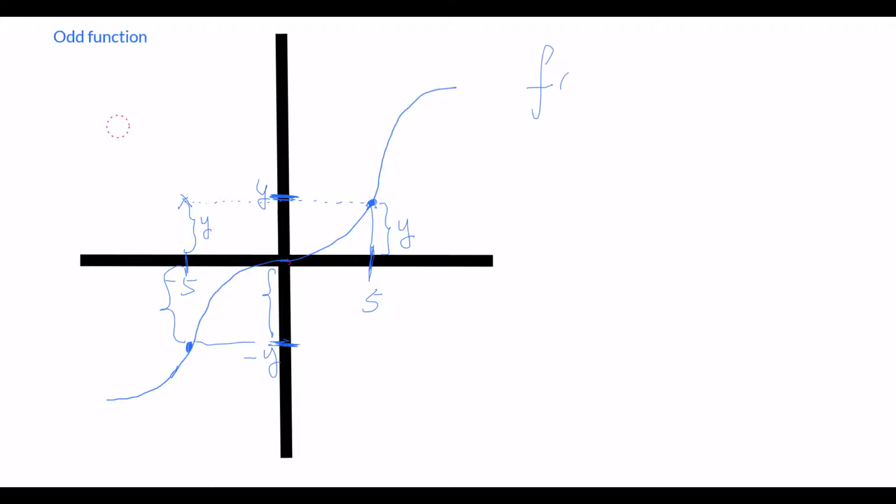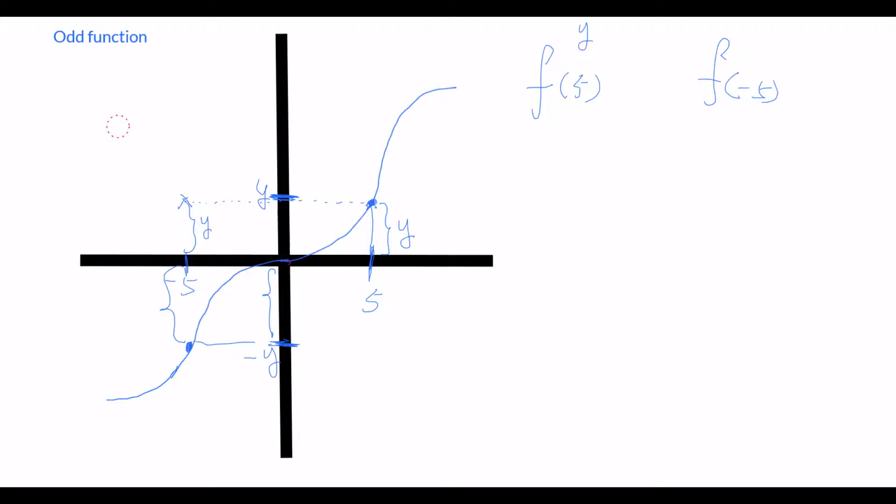It means f(5) is the y coordinate, okay, when x equals 5, and then if I look at negative 5, the y coordinates are quite similar, if we just talk about the magnitude or just like the distance from the x-axis, but one is above and then one is below.